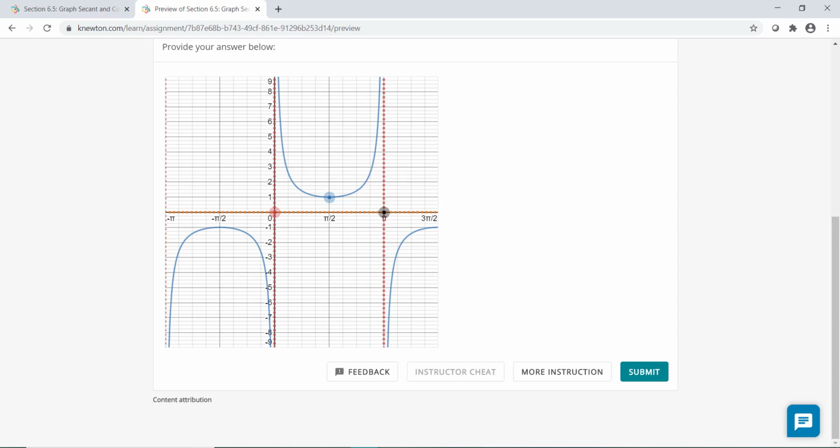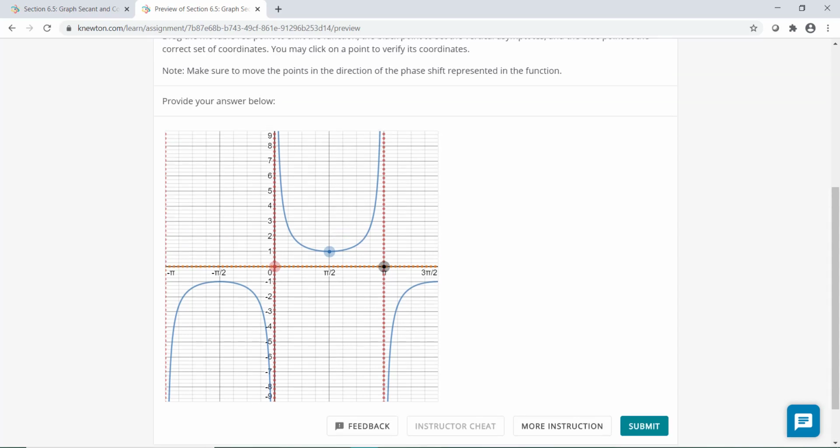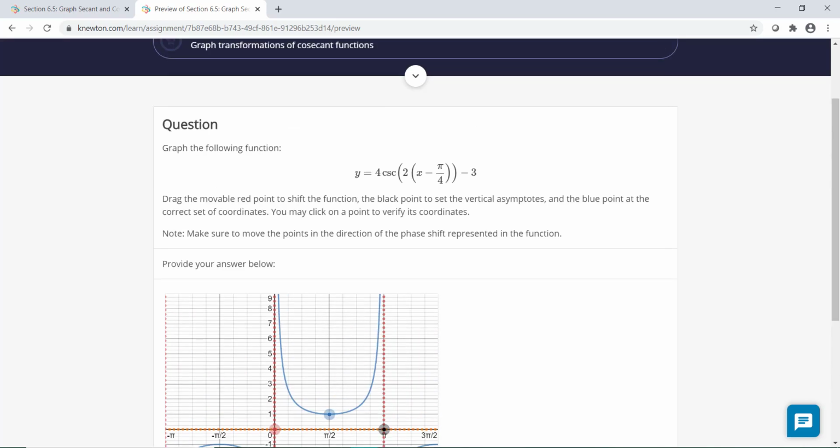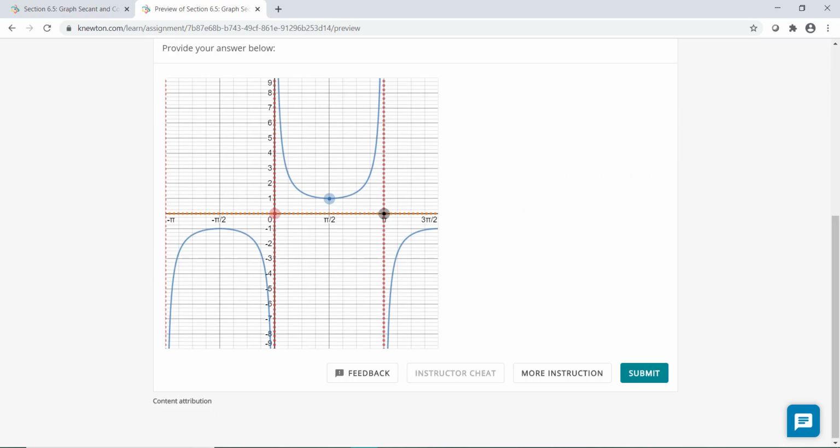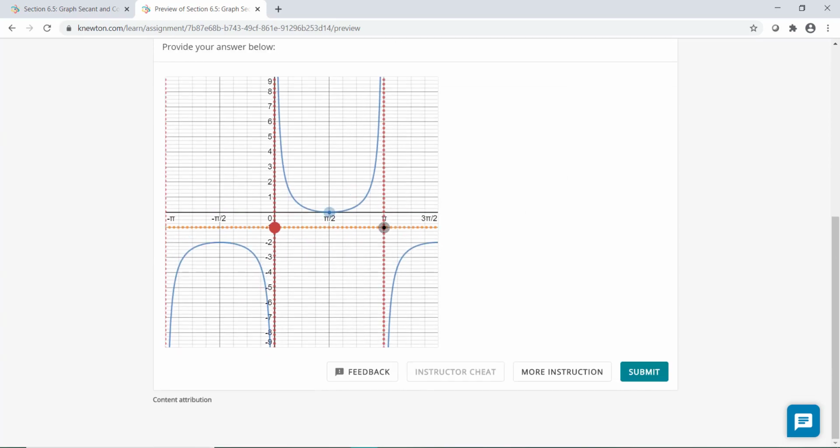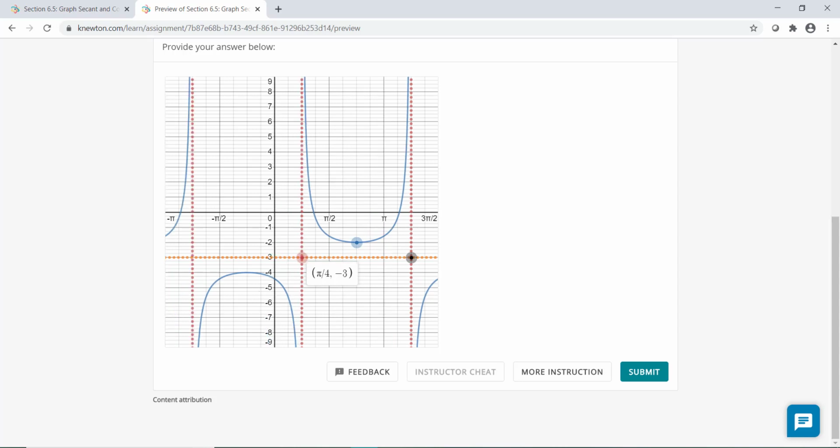Okay, so the first thing that I'm going to do to get my graph is take my orange point here and shift it down 3 to indicate that I'm going down 3 for my vertical shift down. From there, I am going to take my orange point and move it over to my first vertical asymptote at pi over 4, which is right there.